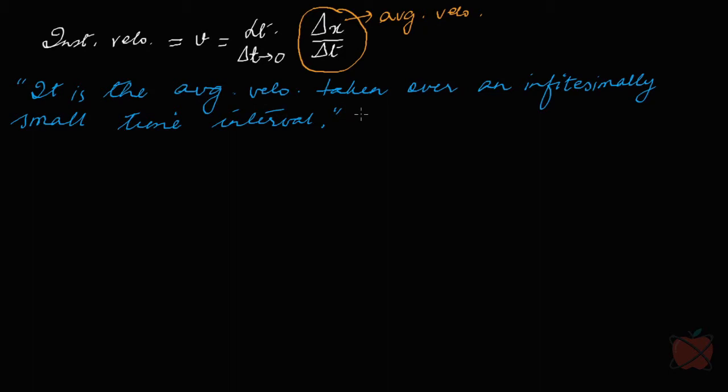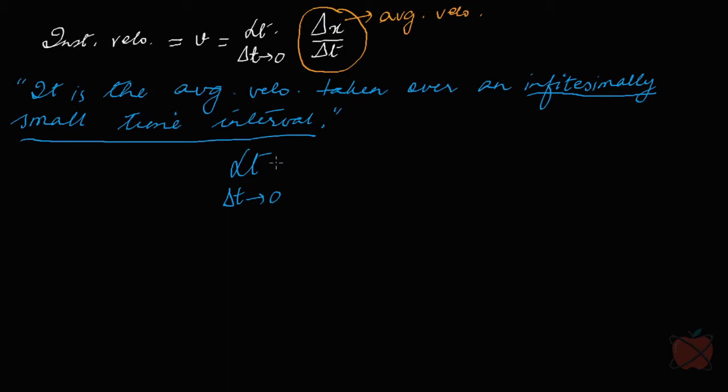Now mathematically, how do we denote this? When we say infinitesimally small time interval, we mean that the limit delta t is tending to 0. This arrow means tending to 0. It doesn't mean that the time interval is 0; it is nearly approaching 0.